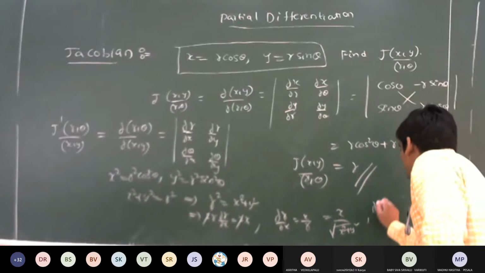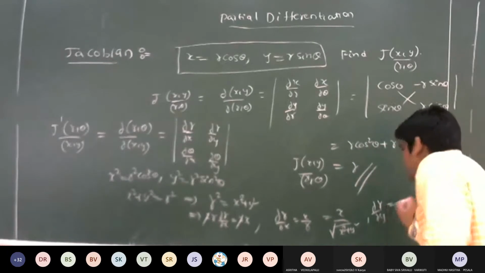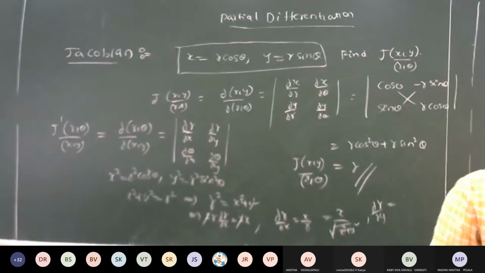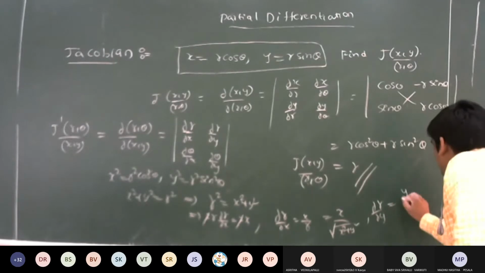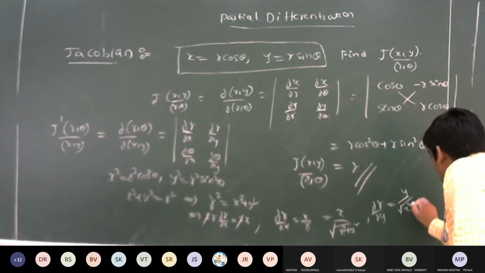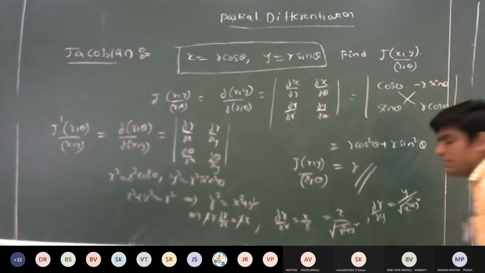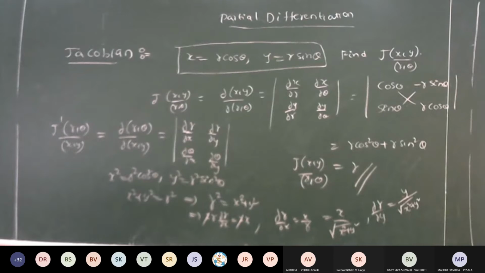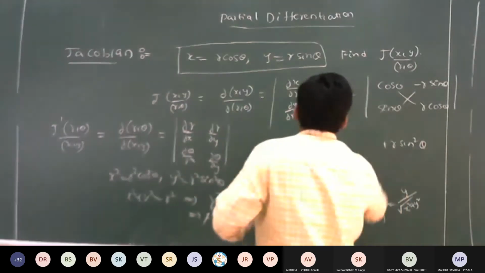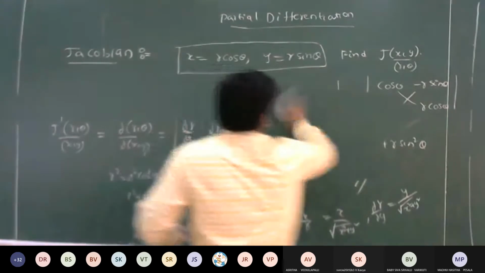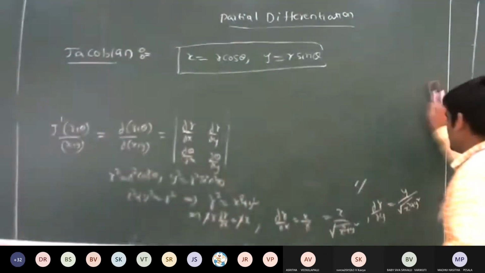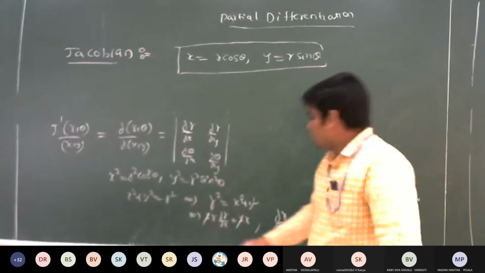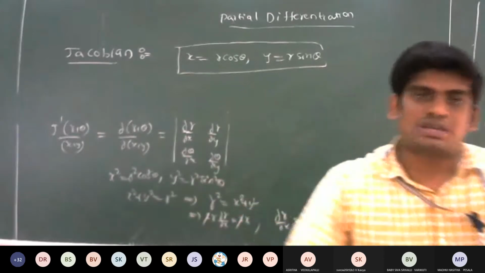Similarly, we can estimate the value of dou r by dou y. What is that value? y by r, sir. So that is nothing but y by square root of x square plus y square. Is that clear to you? Next, we are changing r in terms of x comma y.